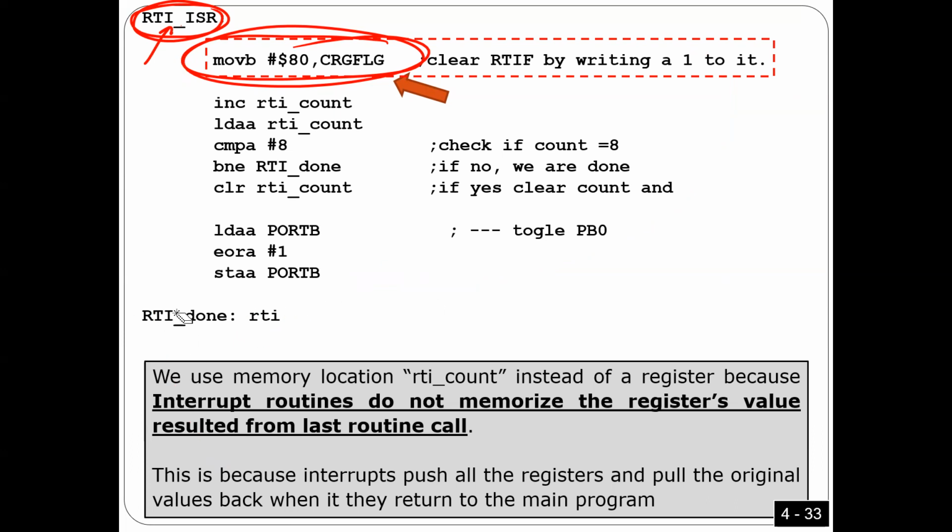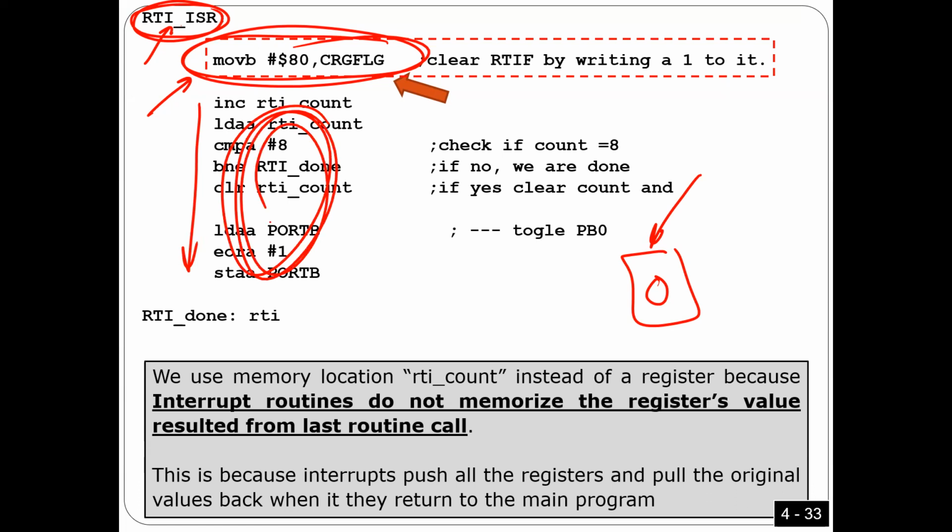So I recommend putting it at the beginning. We put it at the beginning so that I put 0 in this flag bit. So that if there is another interrupt while I execute this part of the instructions, it's going to be recorded, because I cleared it at the beginning. You understand what I'm saying? This can happen only if you have very quick interrupts.